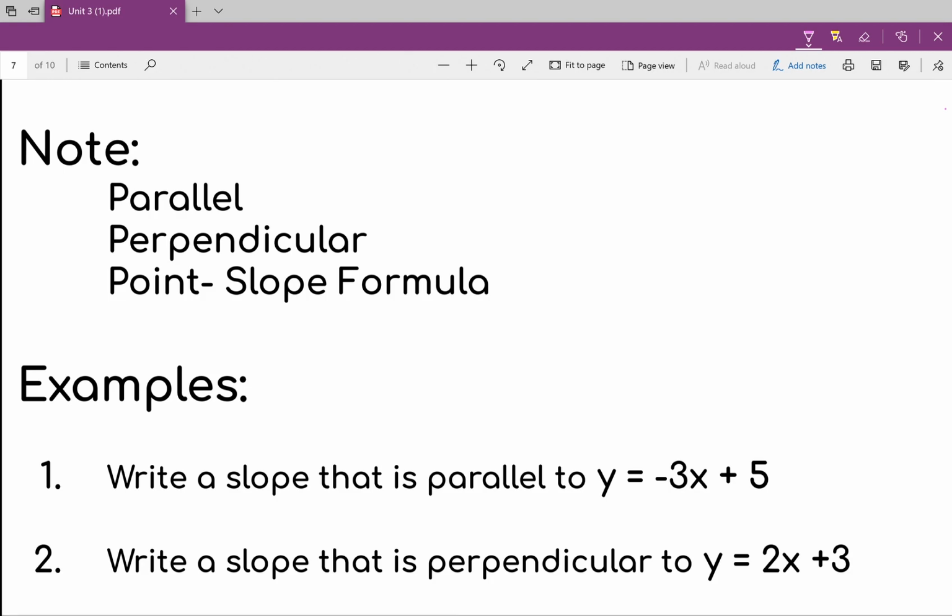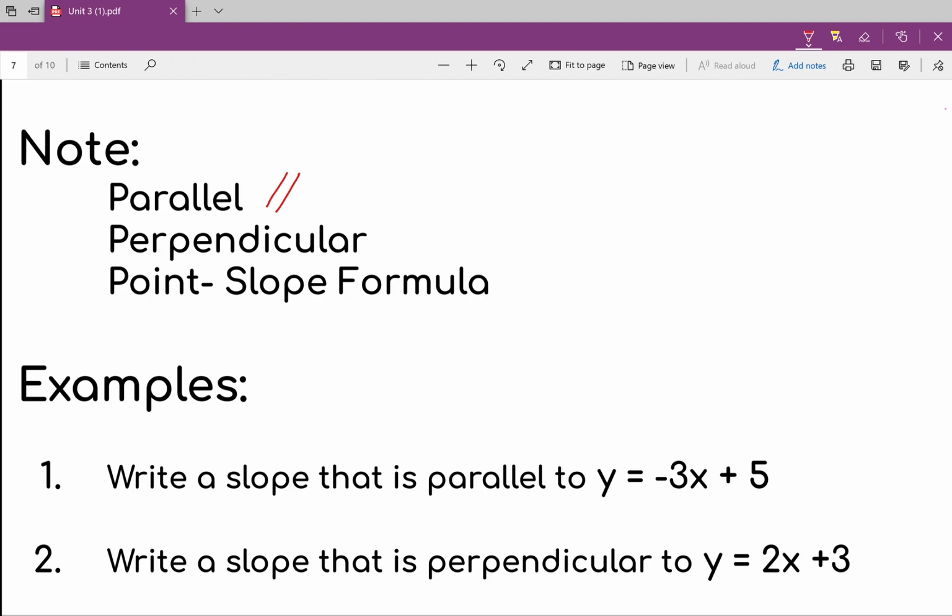So it says parallel. For parallel and perpendicular, we have symbols that we use in math. For parallel, our symbol looks like two slanted lines that are parallel to each other.